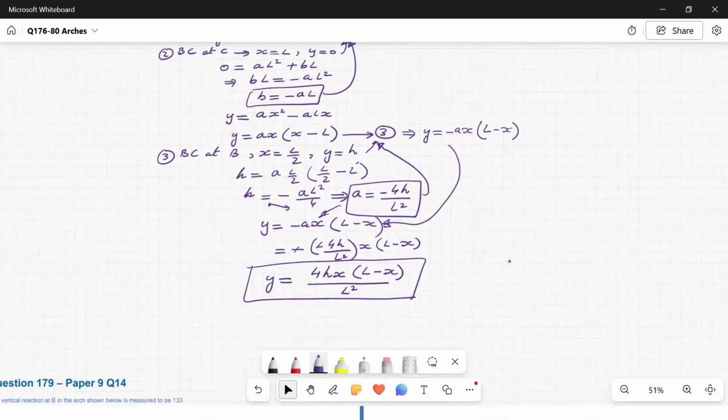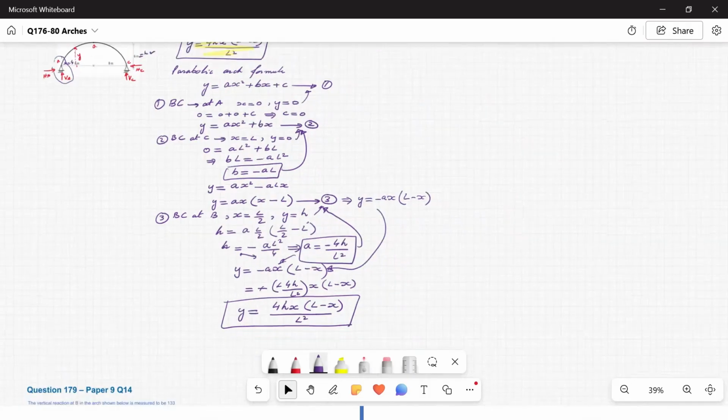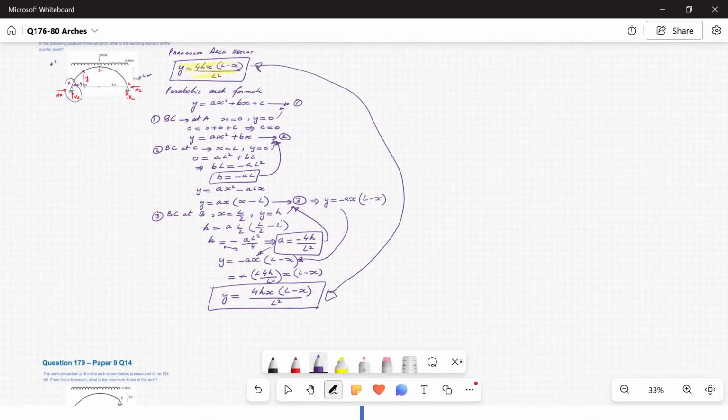So if you have a look at these two formulas, these two are the same formula. So essentially we have derived the formula.